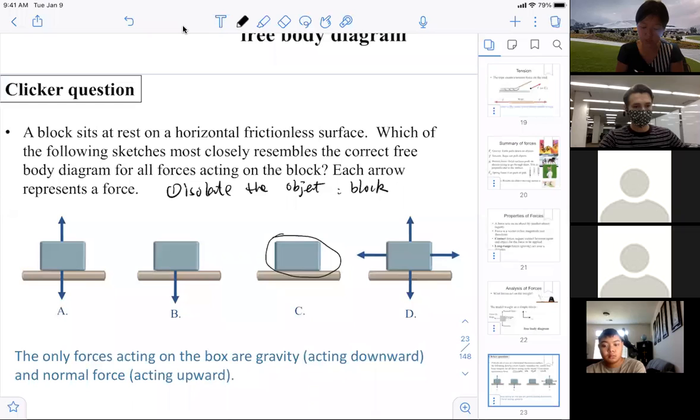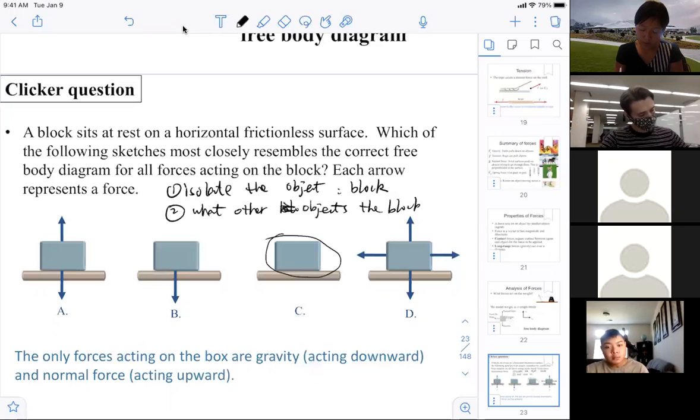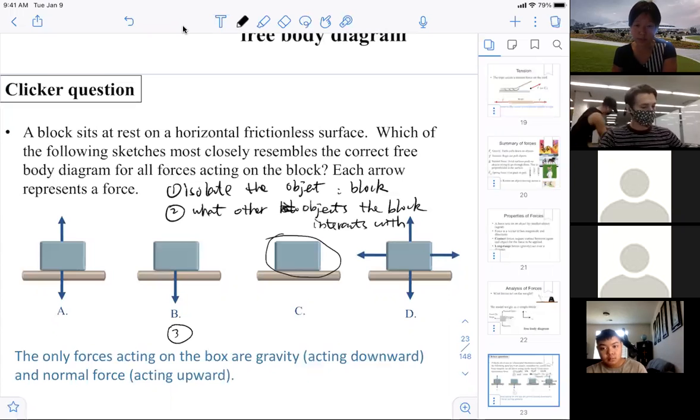And the second step is to identify what other objects the block is having interaction with. Depending on what objects the block interacts with, we will draw and label the forces. So let's do them one by one.